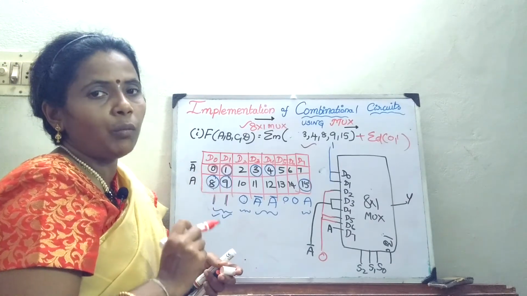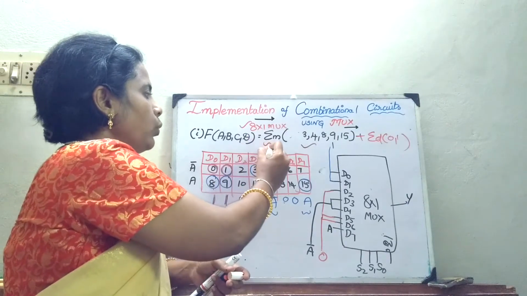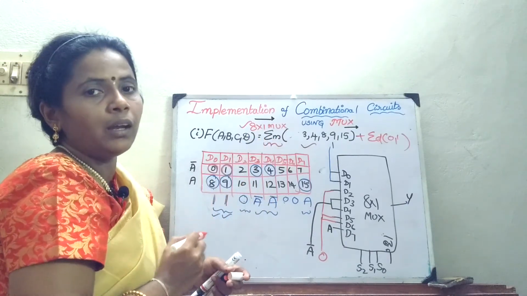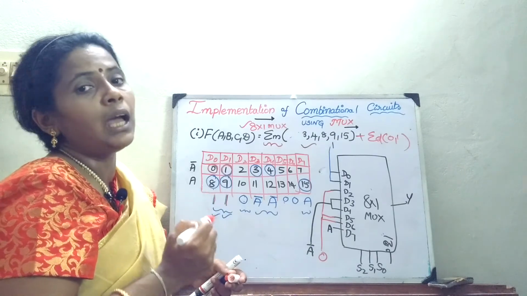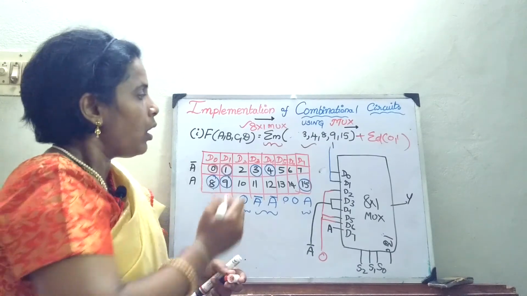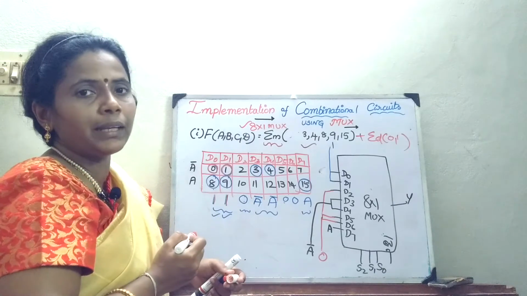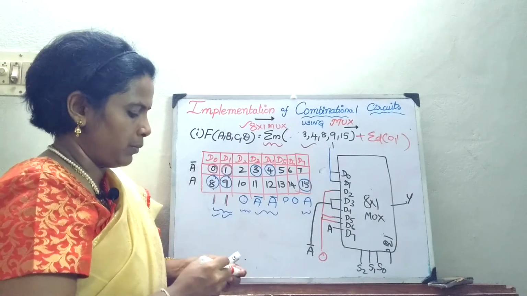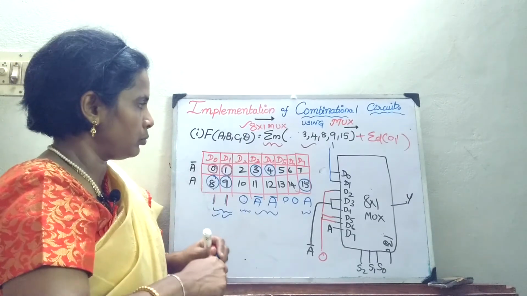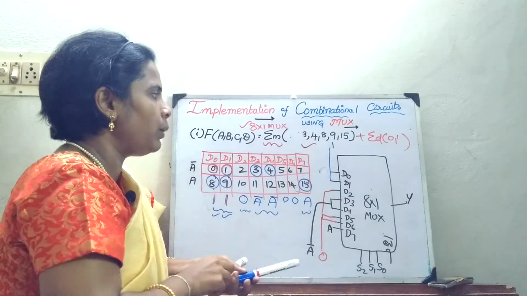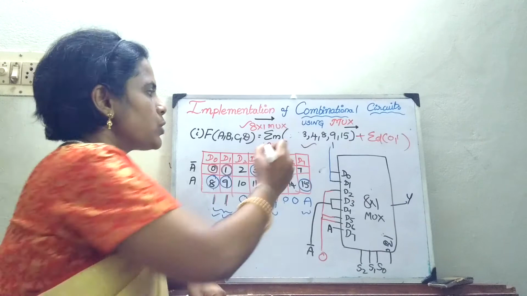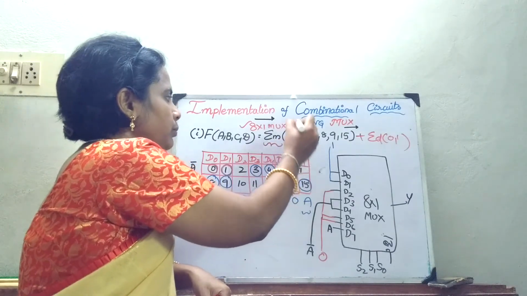Right? So now we have seen how to do this using a min term. In the next problem, we will see how to incorporate it using a max term. Or even in this problem, I can change it to a max term. So now I am taking the same problem, and I will show you how to convert this to a max term.